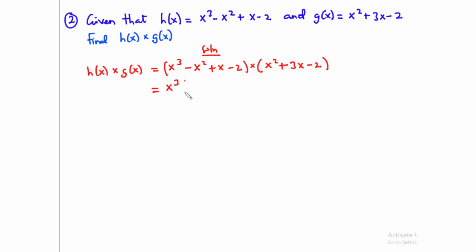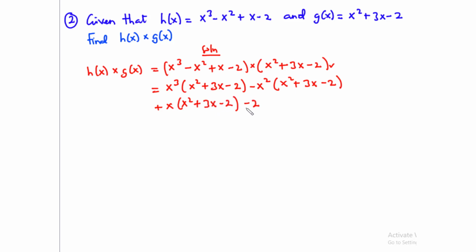So we have x cubed times x squared plus 3x minus 2, minus x squared times x squared plus 3x minus 2, plus x times x squared plus 3x minus 2, minus 2 or negative 2 times x squared plus 3x minus 2.